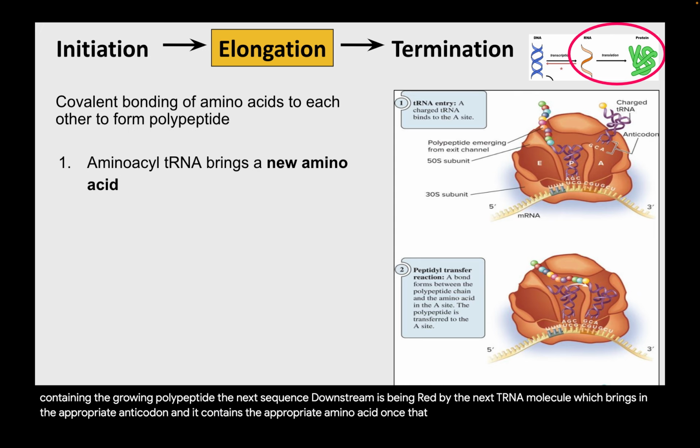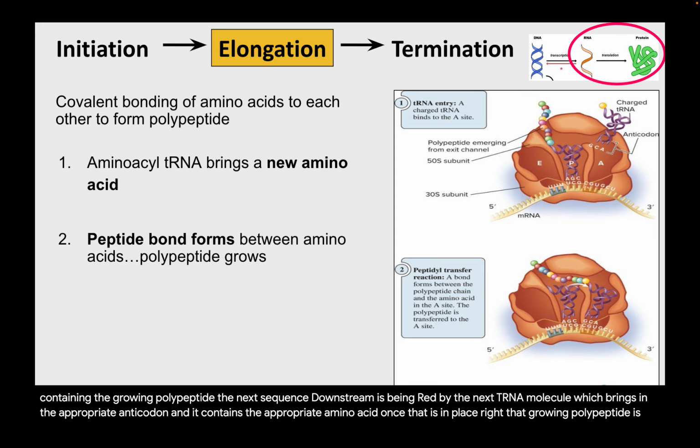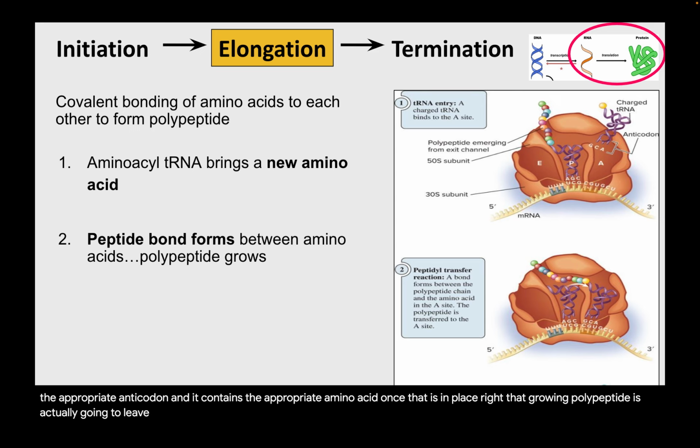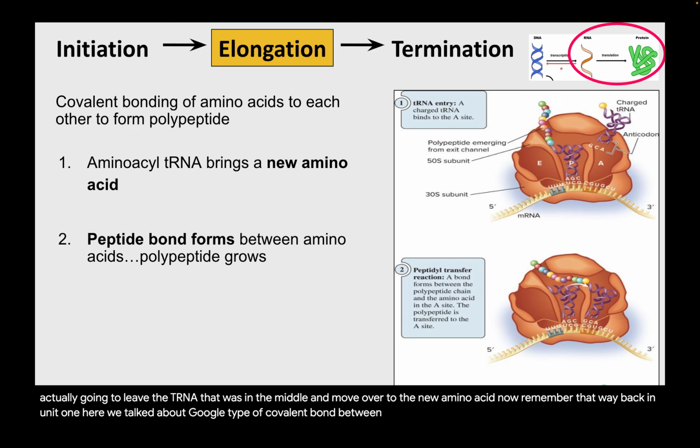Once that is in place, the growing polypeptide is going to leave the tRNA that was in the middle and move over to the new amino acid. Now, remember that way back in Unit 1 we talked about covalent bonds, and the specific type of covalent bond between amino acids was called a peptide bond.